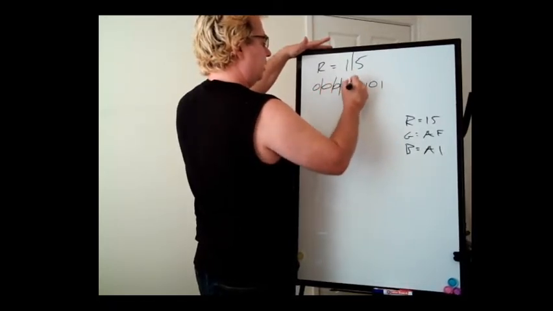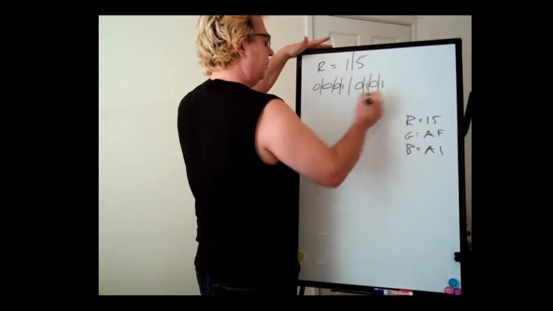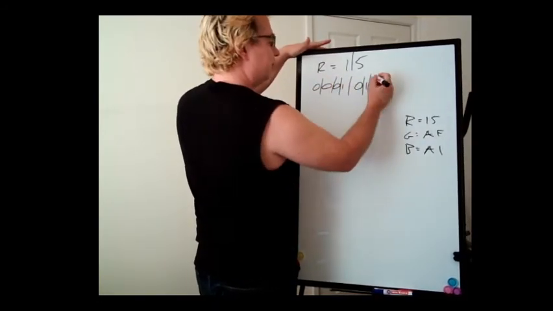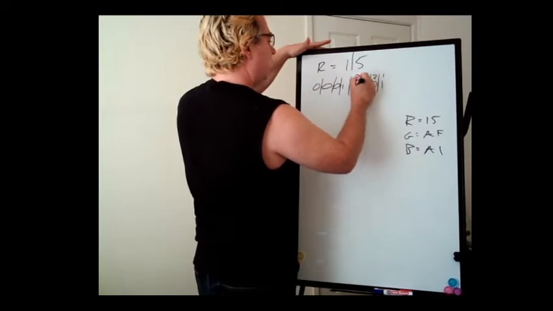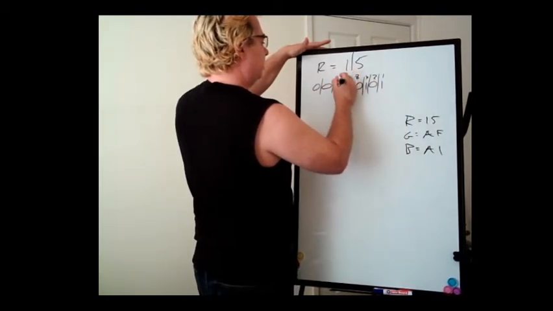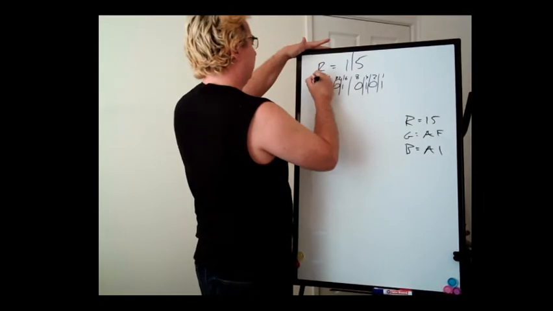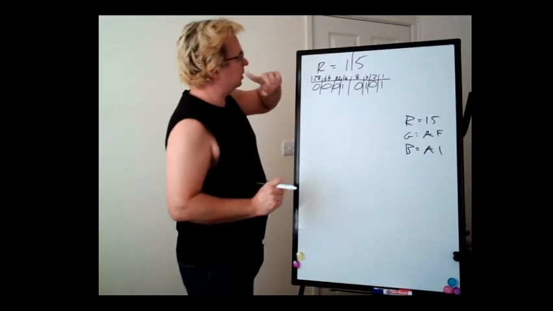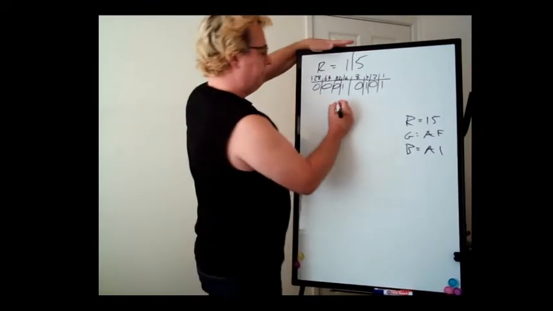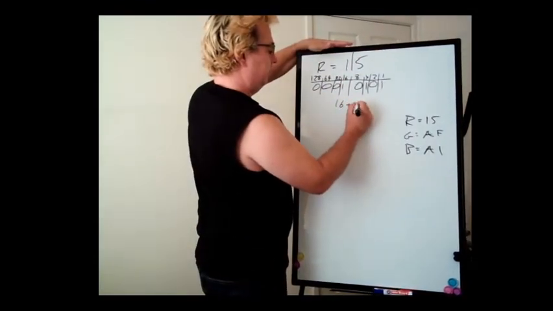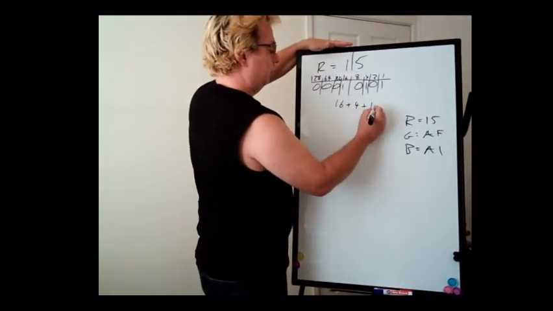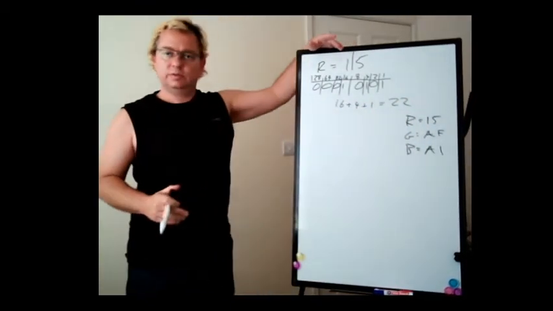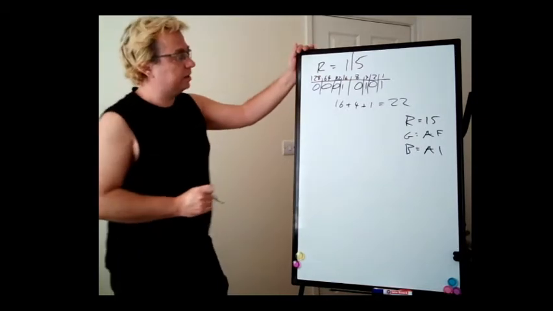And I can represent this just like a normal binary number. 1, 2, 4, 8, 16, 32, 64, 128. So I'm adding together the numbers with the 1 underneath them. 16 plus 4 plus 1. So I've got 22 red. So I haven't got a lot of red.